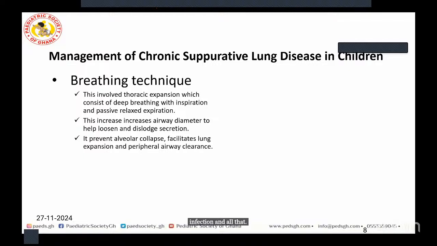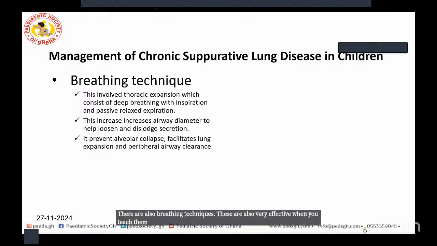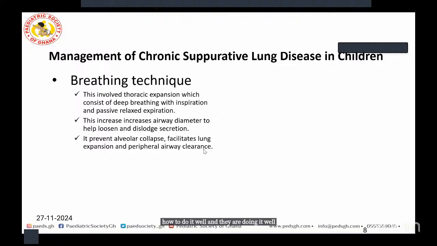There are also breathing techniques. These are also very effective when you teach them how to do it well and they are doing it well. It helps clear mucus from the airway. So it involves thoracic expansion, which consists of deep breathing with inspiration and passive relaxed expiration.